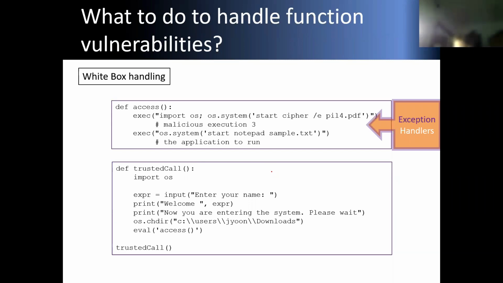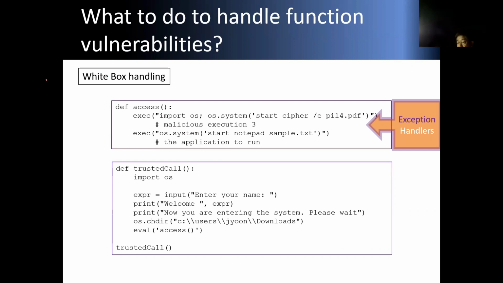But anyway, we can develop, and of course, the exceptions for this kind of malicious code are not known, right? So you have to develop your own exception; user-defined exceptions need to be developed. You need to raise that exception if there are some small issues.